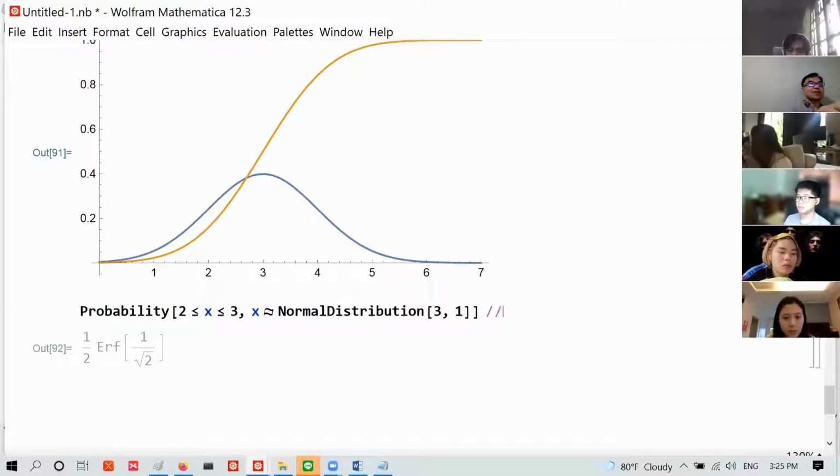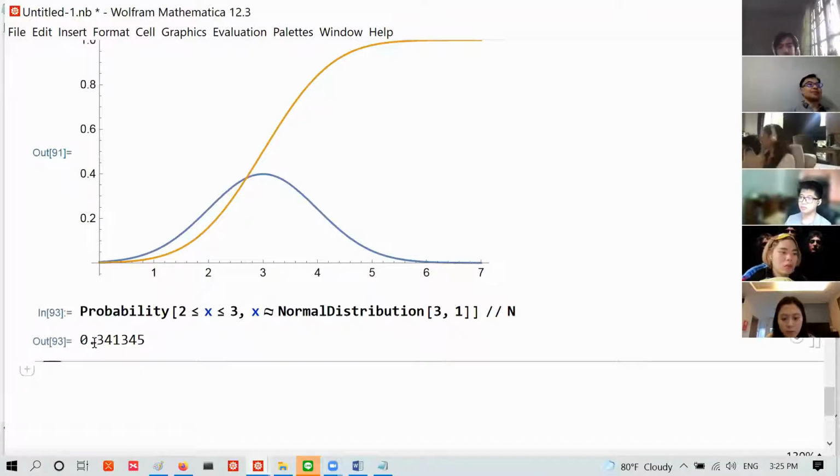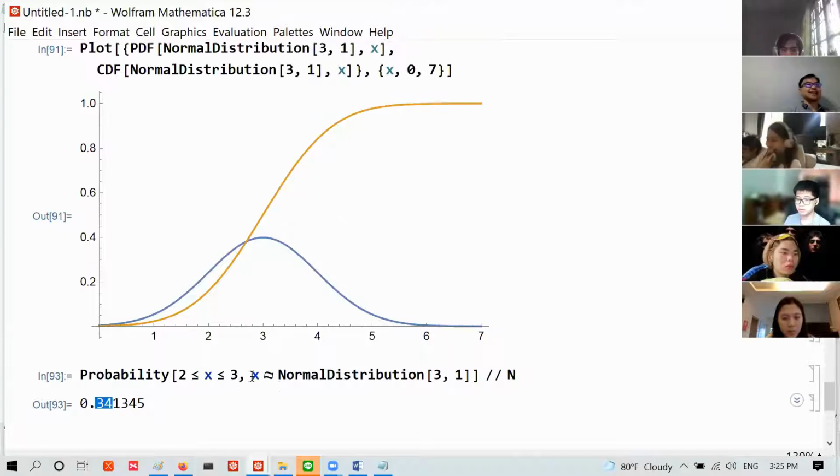It's going to give you something that you don't know what it means, but I'll give you the number, 0.34. Let me say that again. X is normally distributed with mean 3, standard deviation 1.